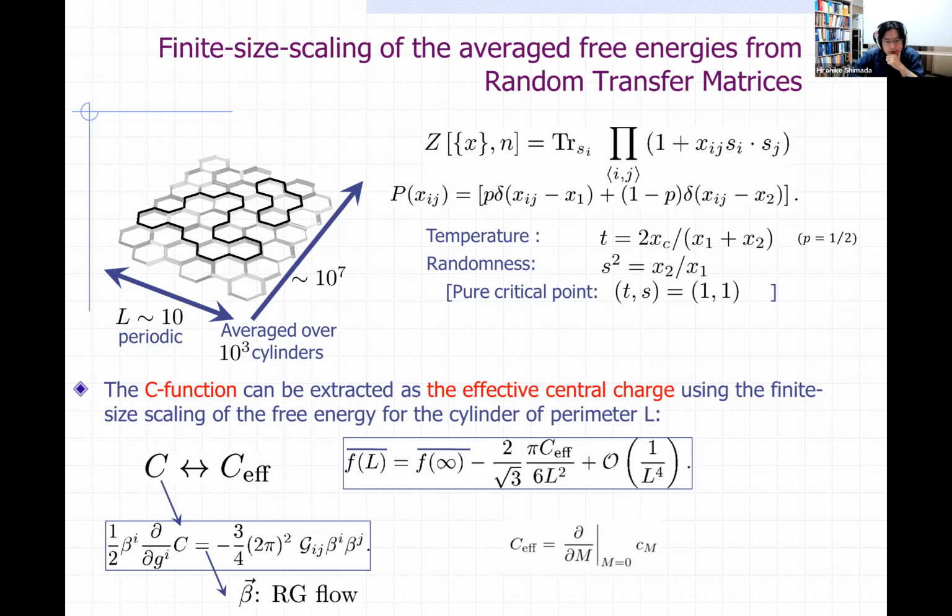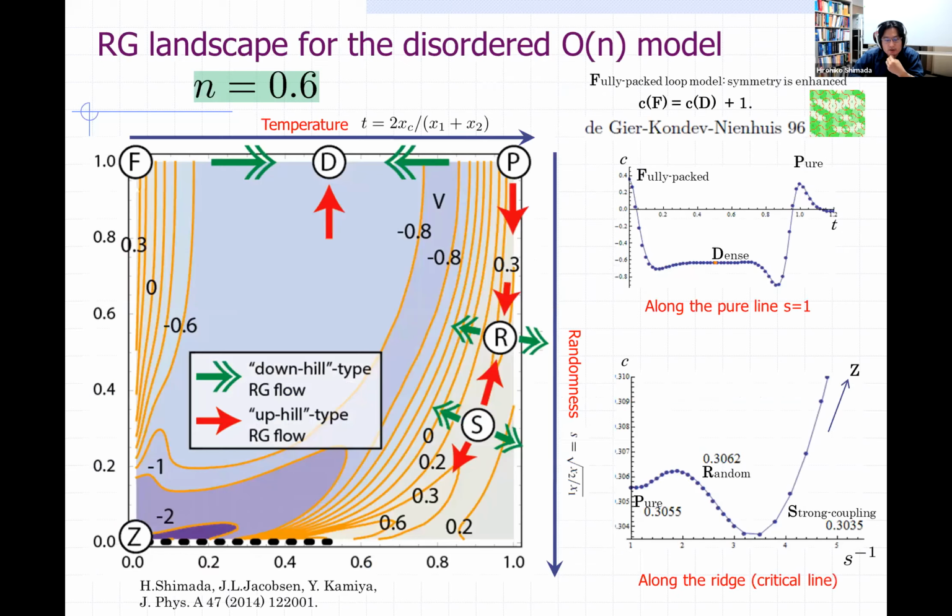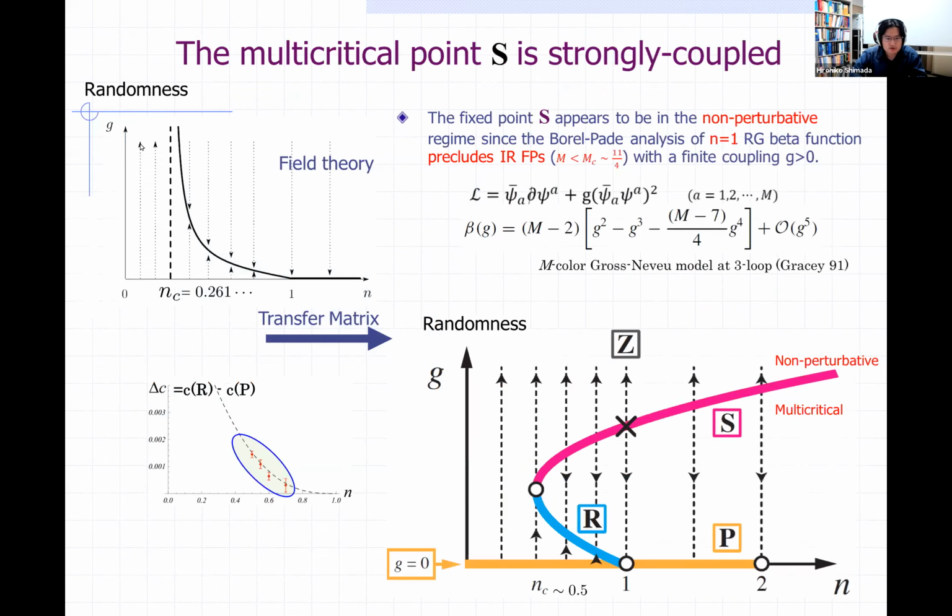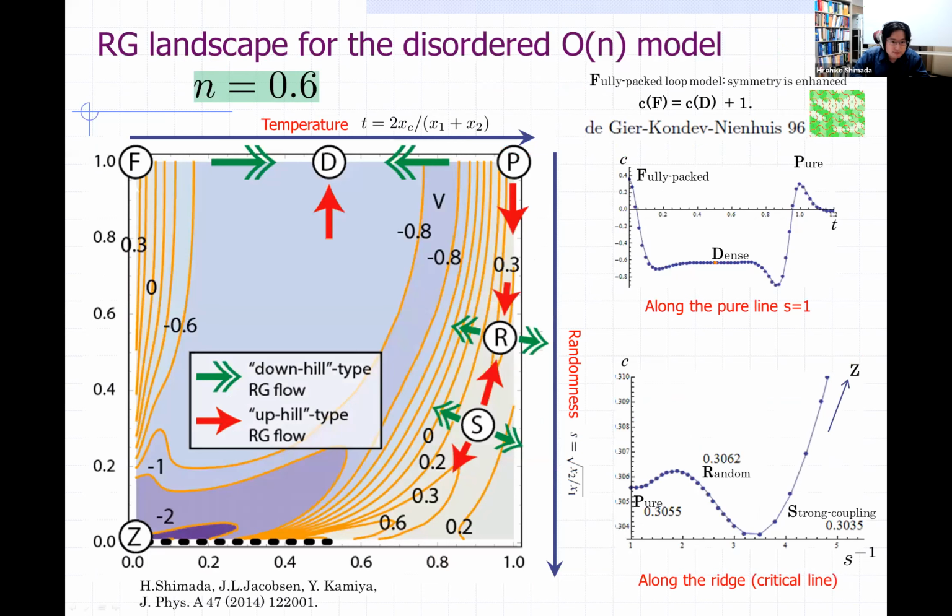So using this effective central charge, the RG flow can actually be extracted, and it looks like this. It's very rich. Along this axis, we have the fixed points of pure models.